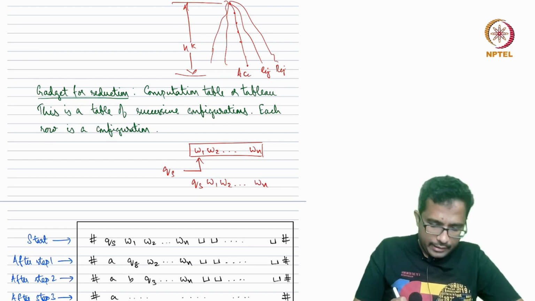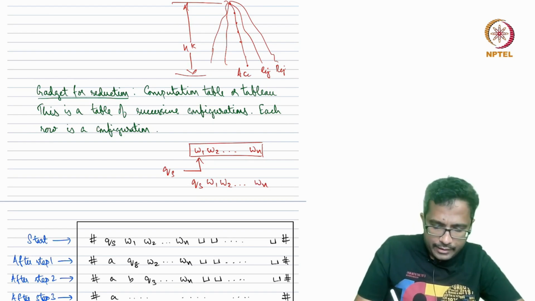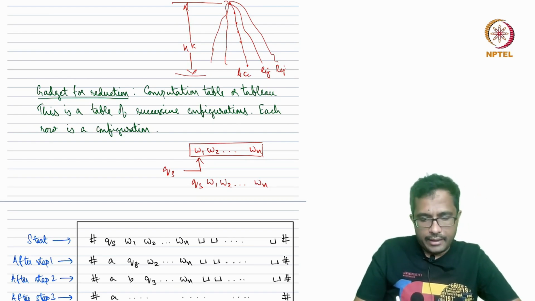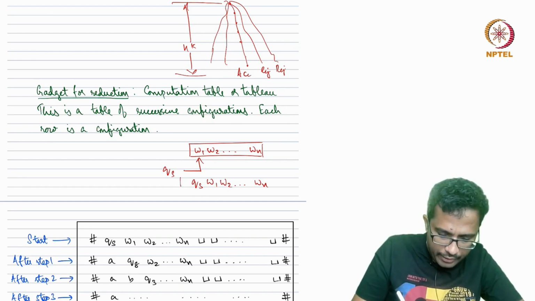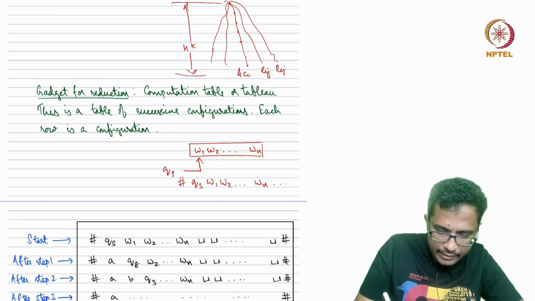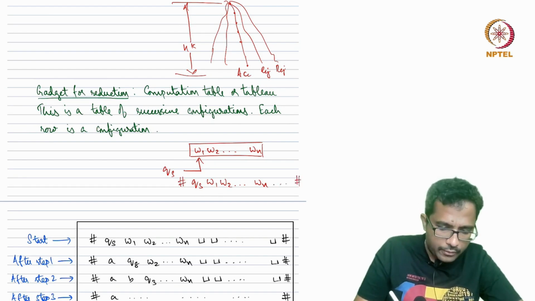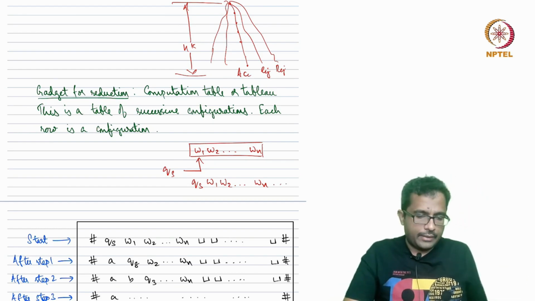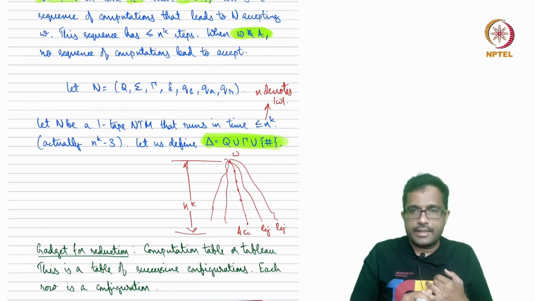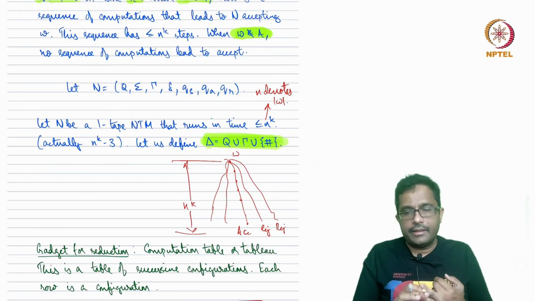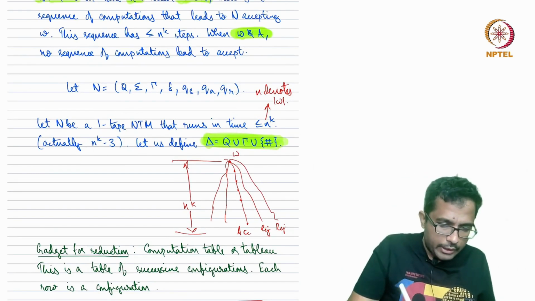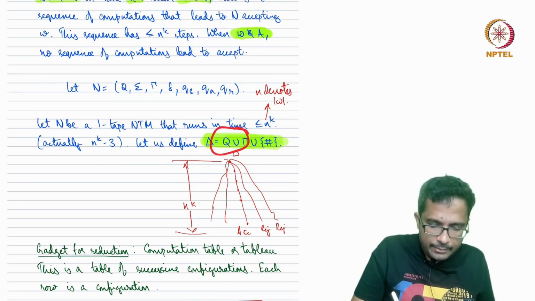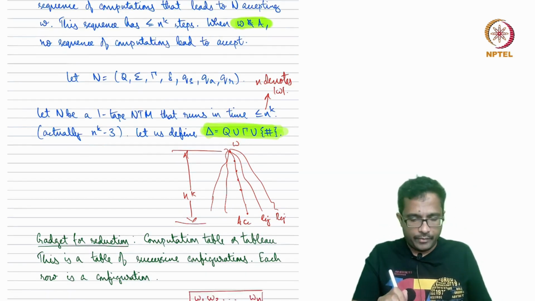This is the starting configuration. Then just to indicate start and end, we use a delimiter hash at the beginning and end. So this is the role of the three things that we have in delta. One is the state, one is the tape alphabet. State and tape alphabet we need to denote the configuration, and the symbol hash serves as a delimiter.